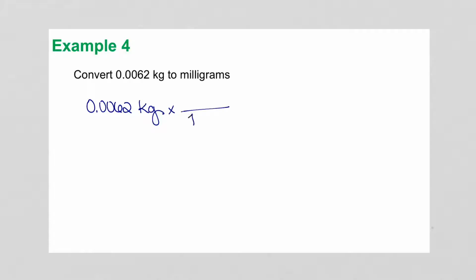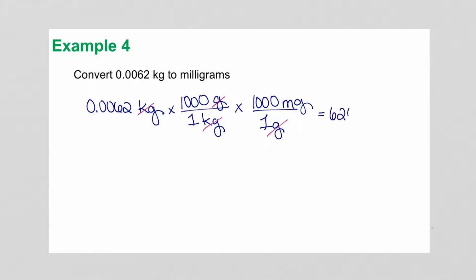We know in 1 kilogram there are 1,000 grams, and in 1 gram there are 1,000 milligrams. So kilograms go away and grams go away, and we'll be left in milligrams. So you'd take 0.0062, multiply by 1,000 and 1,000 again, and get 6,200 milligrams.